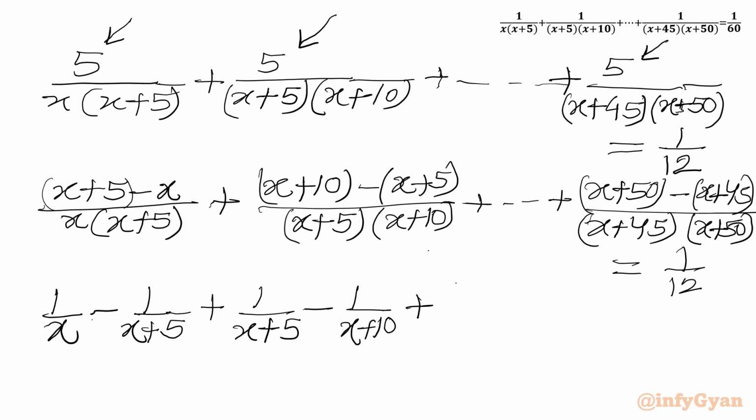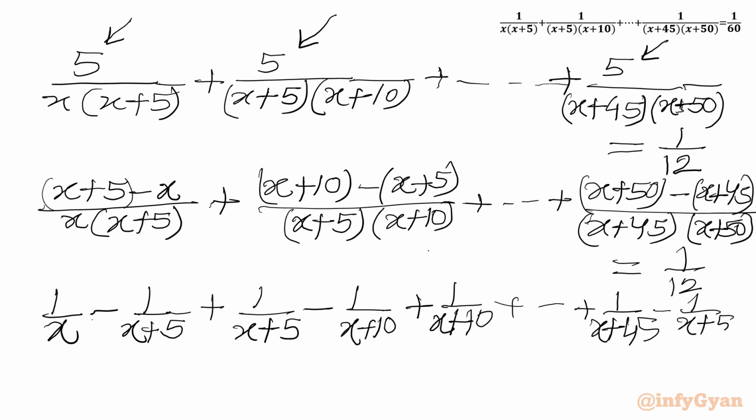Then we'll get plus 1 over x plus 15 and so on. Last term would be 1 over x plus 45 minus 1 over x plus 50 equal to 1 over 12.